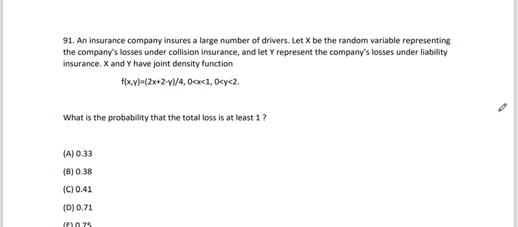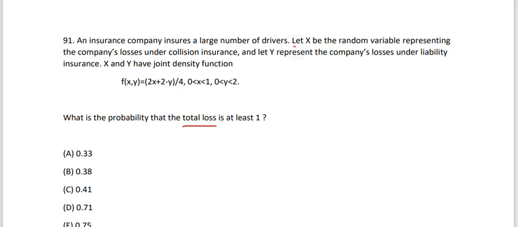For problem number 2: what is the probability that the total loss is at least 1? At the first step, we need to find what the total loss is. Here we have two losses.